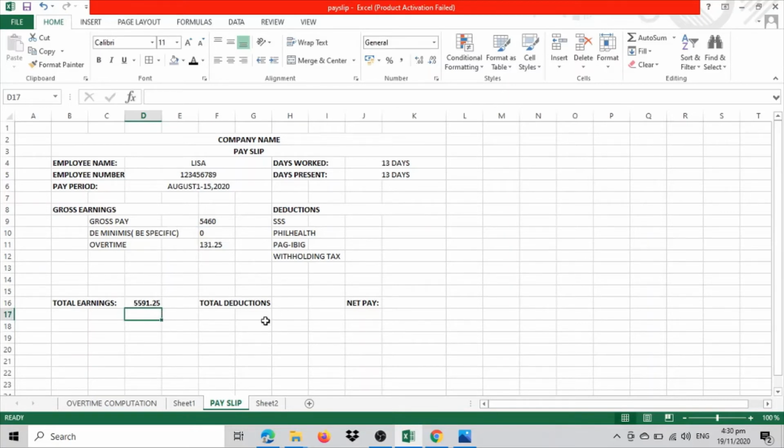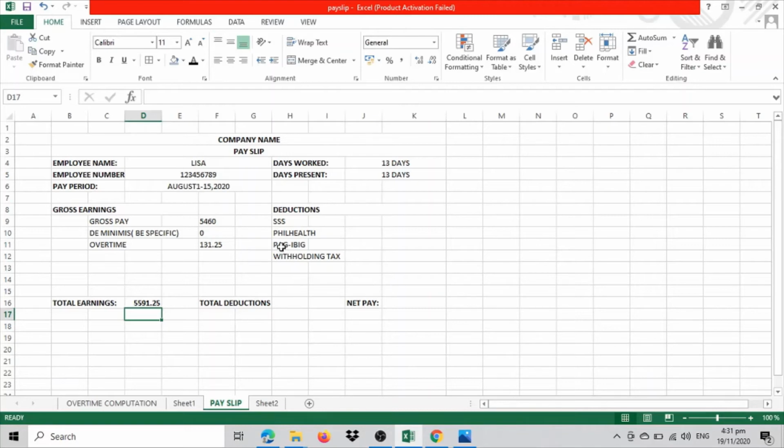Now, for the deductions, you will see in this sample that the employee's pay period is from August 1 to 15. Employers divide the deductions in half for every pay period so that employees won't feel too much burden.